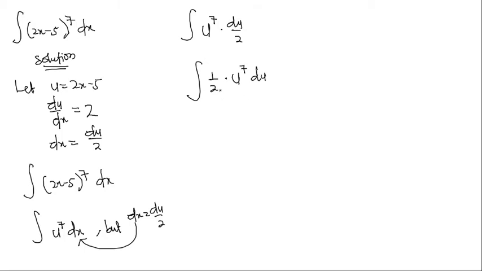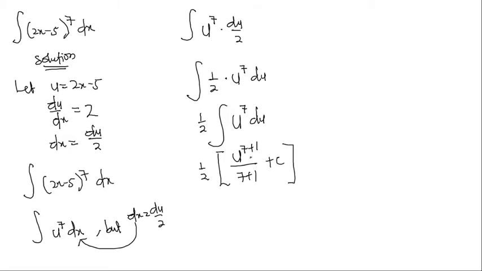Because this is a constant, we bring it outside the integration sign, so we have half the integral of u power 7 du. If we integrate u raised to the power 7, we have u power 7, we add 1 and then we divide by the new power that we have, which is 7 plus 1. Then we add the constant c, because we don't have limits to the integration, so it is an indefinite integral and we need to add the constant c.